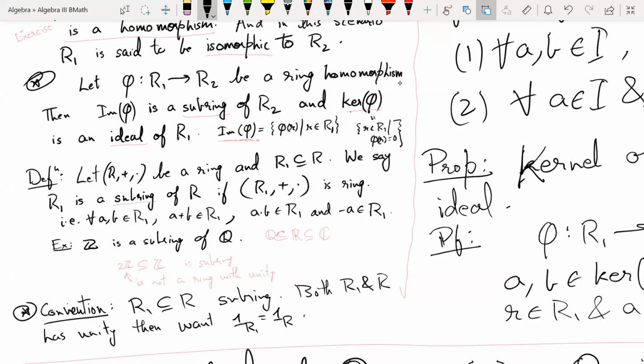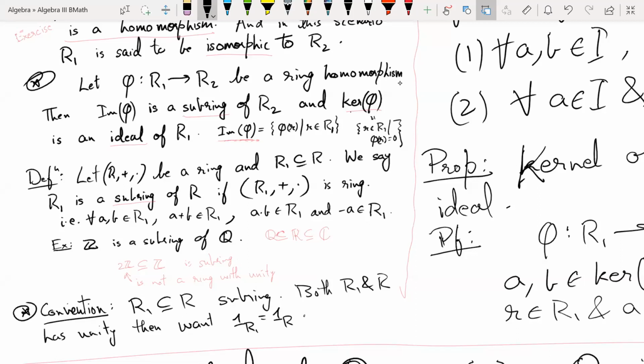Zero is considered an ideal, but not necessarily a subring. As I said, some people have that convention, but we will not think of the zero ring as a subring of Z, for instance.